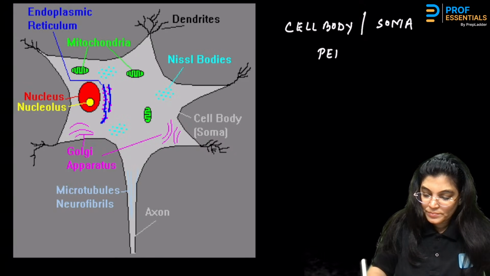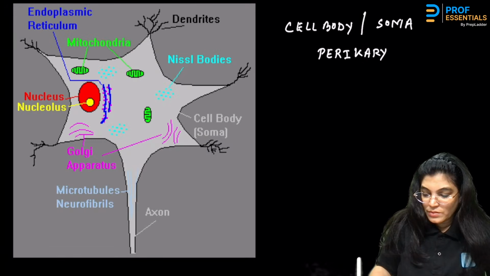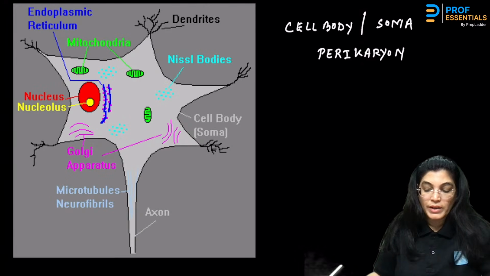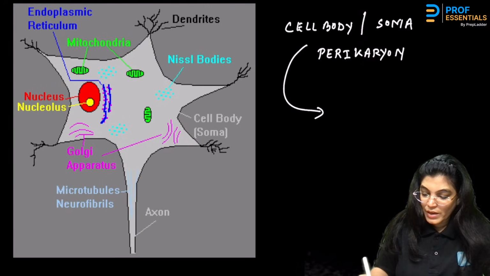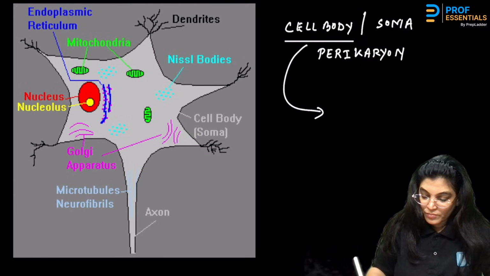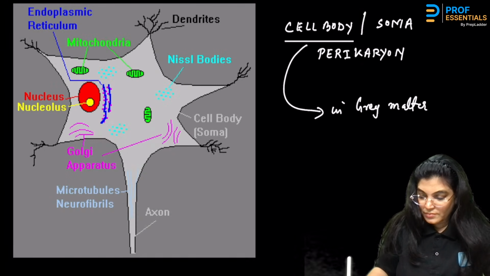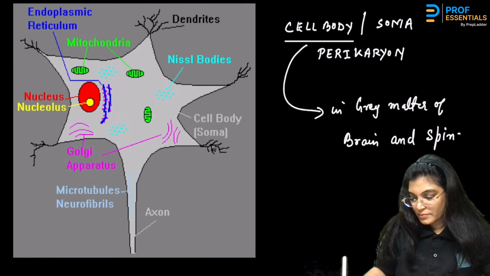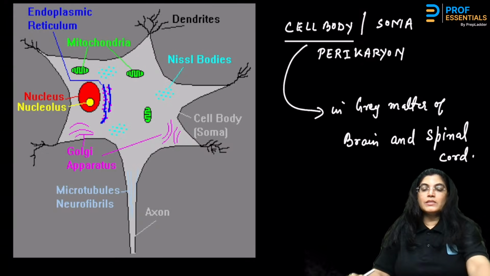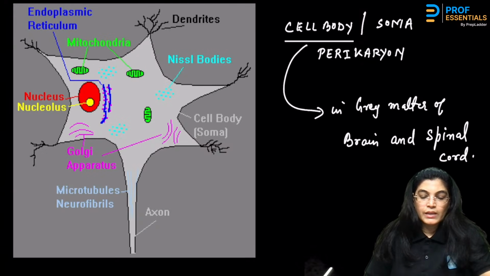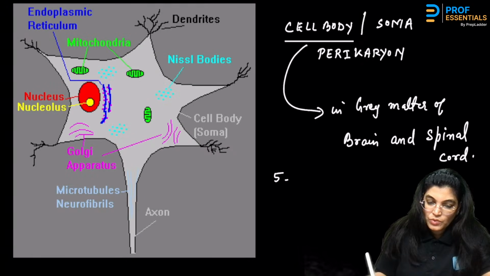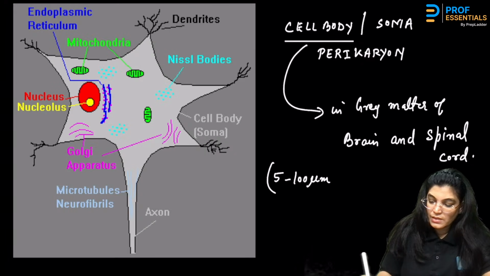It is also called perikaryon. The most common location of the cell body or soma is the gray matter of the brain and spinal cord. The average dimension is 5 to 100 micrometers in diameter.